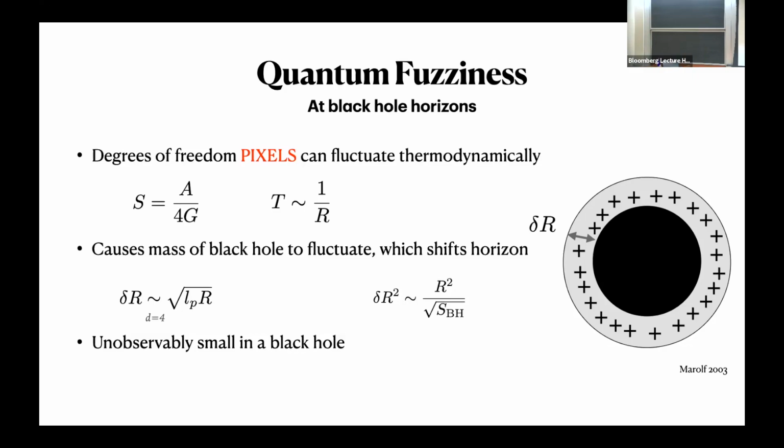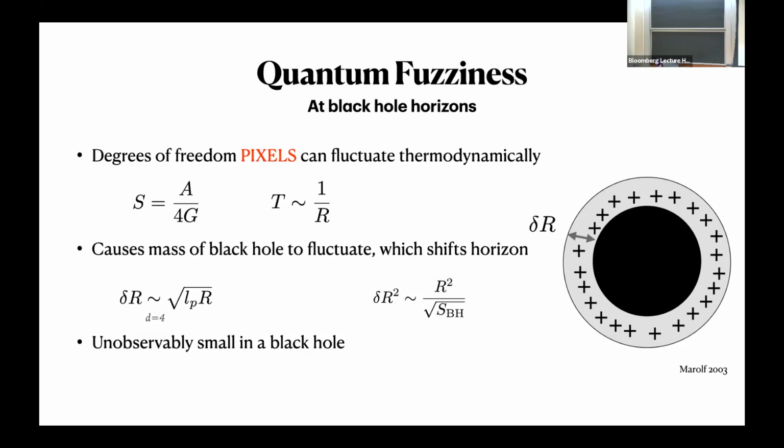He said, let me take this idea of the entropy of the black hole and think about those degrees of freedom as pixels that can fluctuate. This picture is from his paper. Let me imagine that I have an entropy's worth of degrees of freedom, and let me allow them to fluctuate with a typical temperature that's set by the size of the black hole horizon.